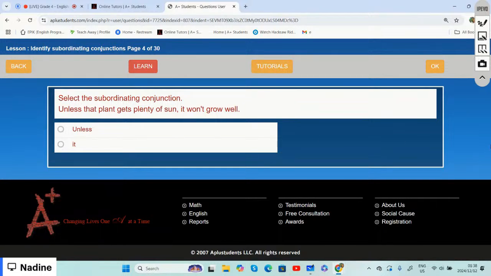The next one says, unless the plant gets plenty of sun, it won't grow well. Is it option one, unless, or option two, it?